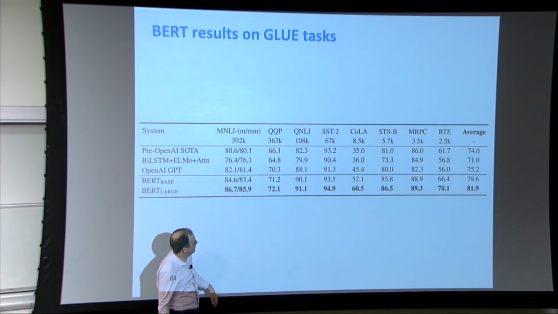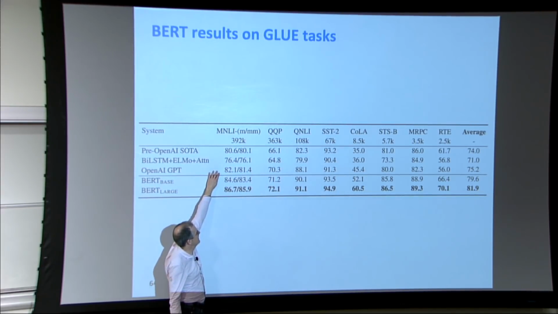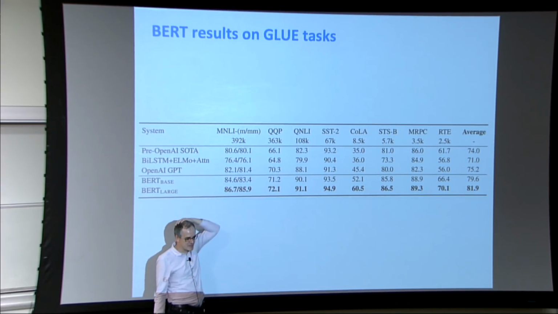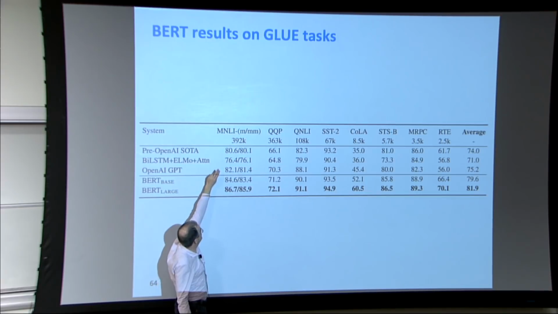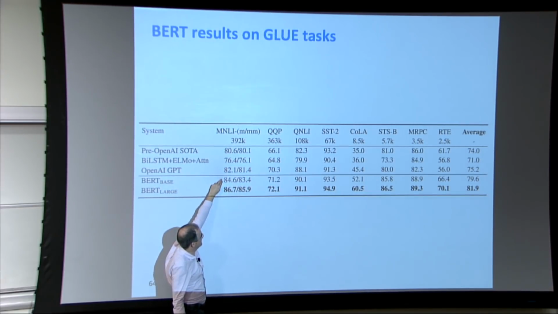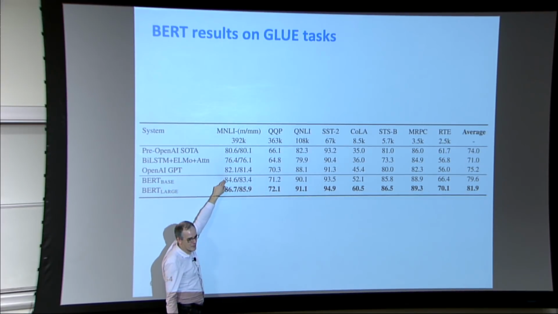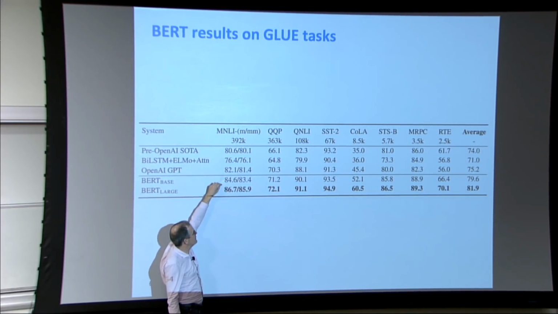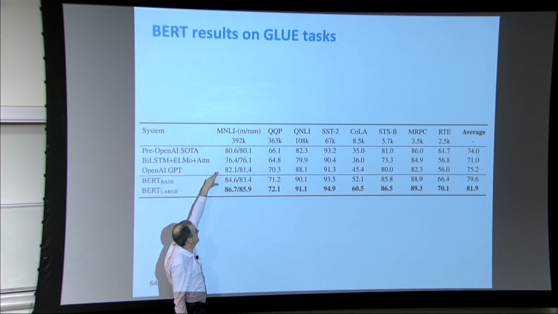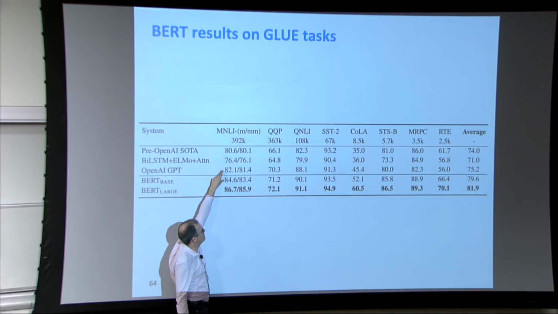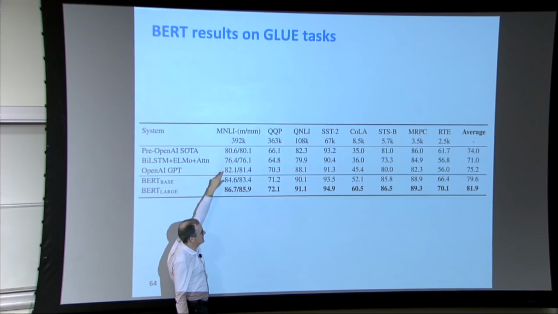For many, but not all of them, it broke the previous state of the art, showing the power of these contextual language models. But the bidirectional form of BERT's prediction just seemed much better again. So going from this line to this line, you're getting, depending on the task, about 2% better performance. And so the BERT people actually did their experiments carefully, so these models are pretty comparable in terms of size, but the bidirectional context seems to really help.